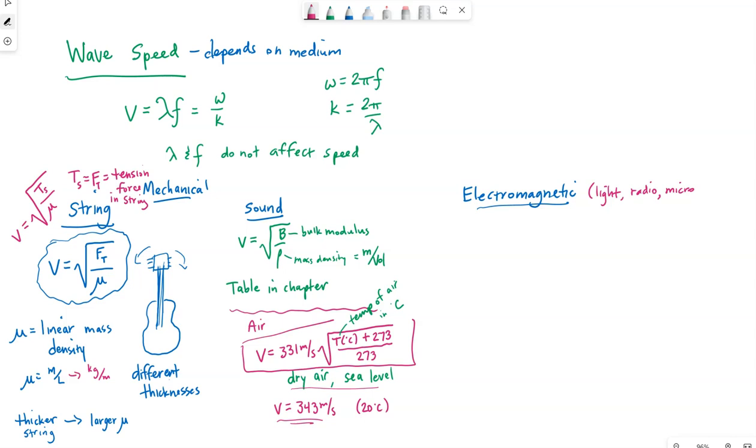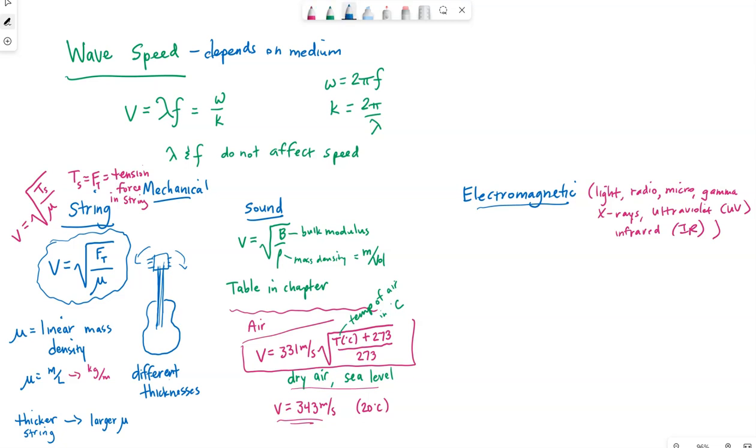Microwaves fall in this category, our microwave ovens, gamma rays, X-rays, ultraviolet, so UV, infrared, IR, is how we abbreviate that. All of these are subsets. They're all individual types of electromagnetic waves.